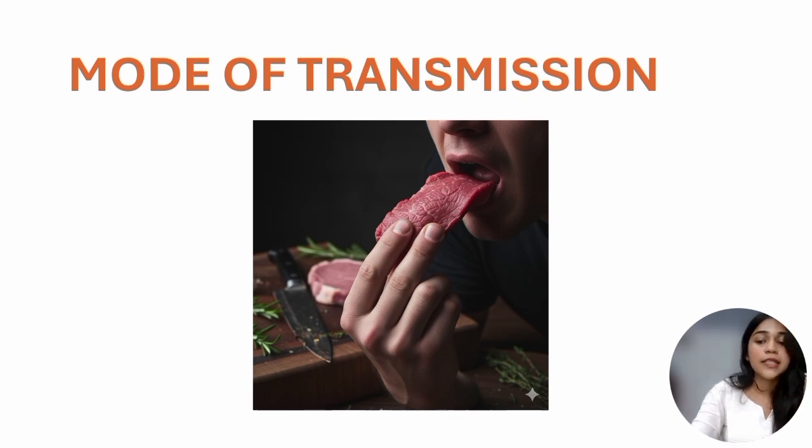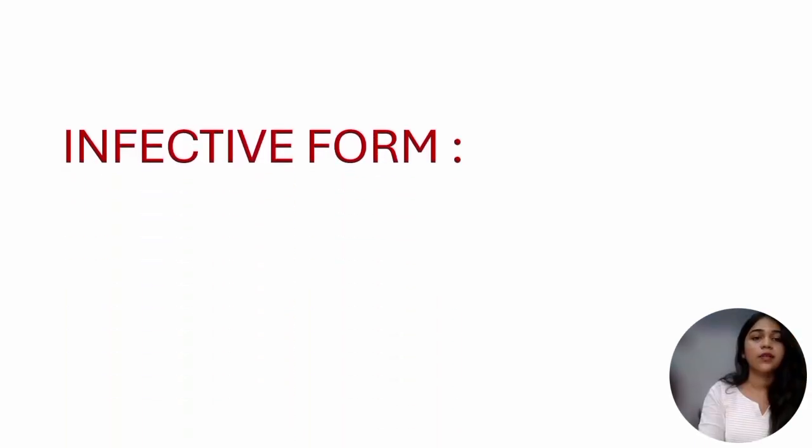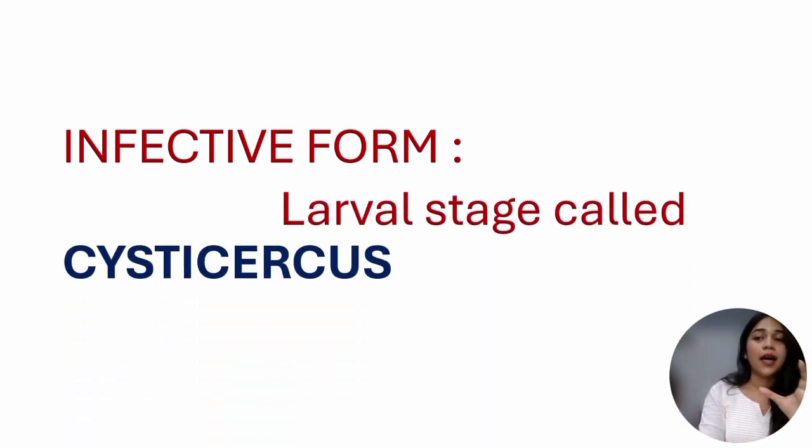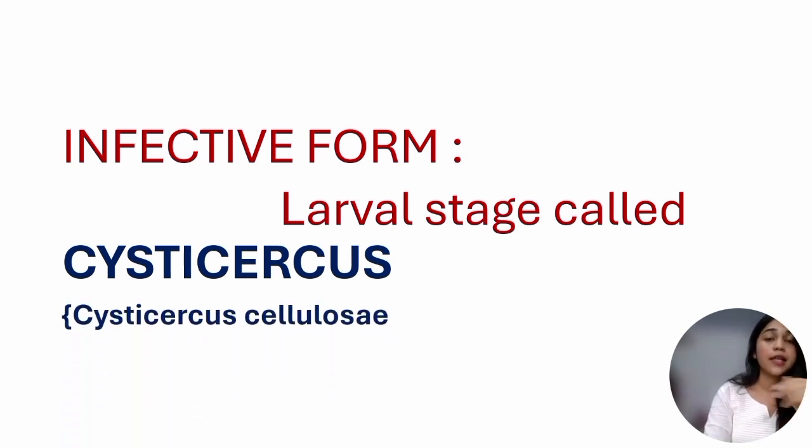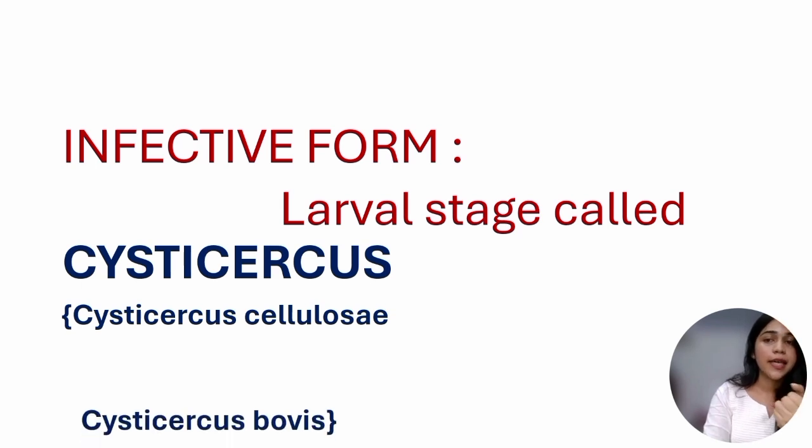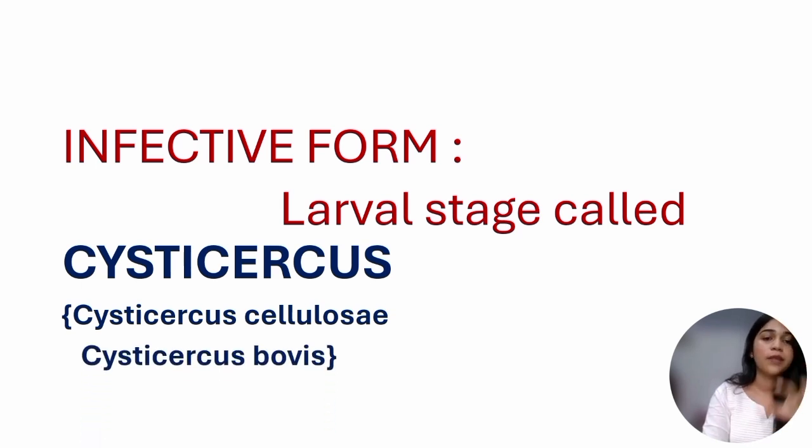Undercooked pork contains Cysticercus larvae known as Cysticercus cellulosae, and it causes intestinal stenosis. The infective form is the larval stage called cysticercus. There are two types of cysticercus, as we said already: Cysticercus cellulosae and Cysticercus bovis.